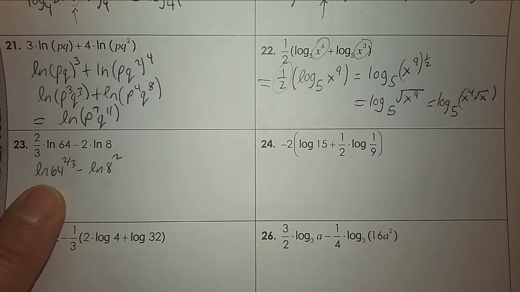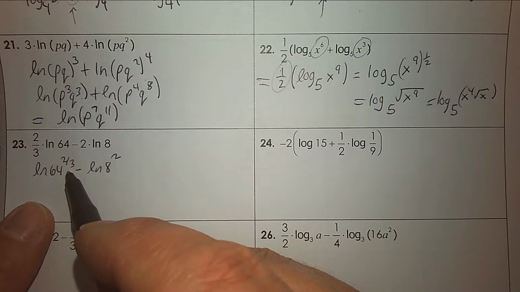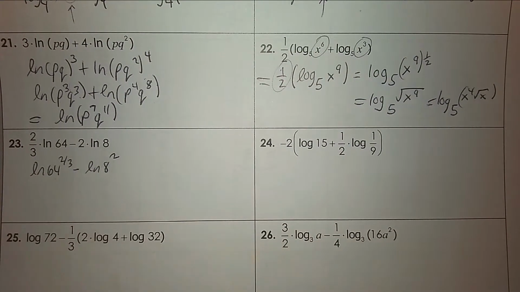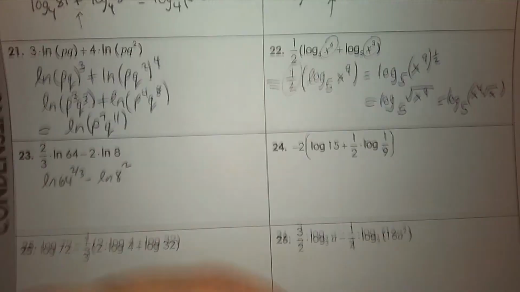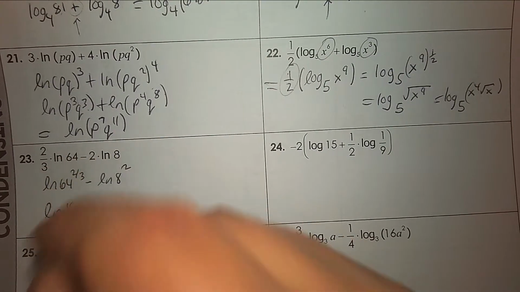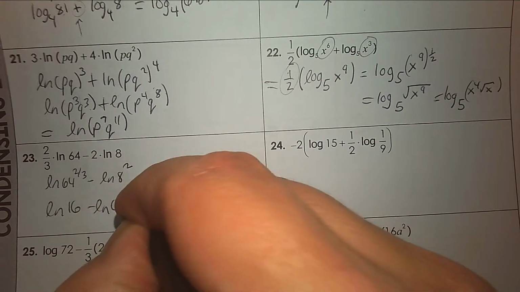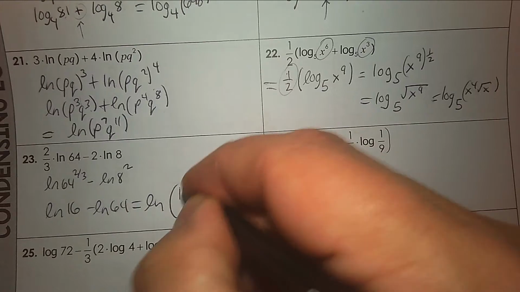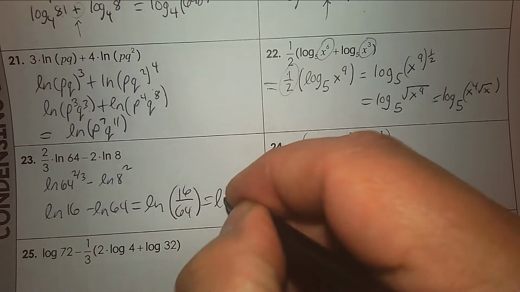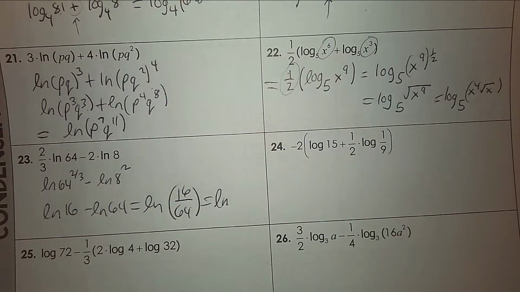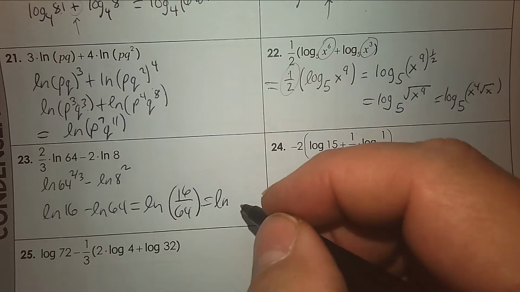What does that mean? 64 to the 2/3. The cube root of 64. What number 3 times itself is 64? And then 4 squared. So that whole number is 16. And 8 squared is 64. And then subtracting means I'm going to divide. And 16 over 64 is just a quarter.